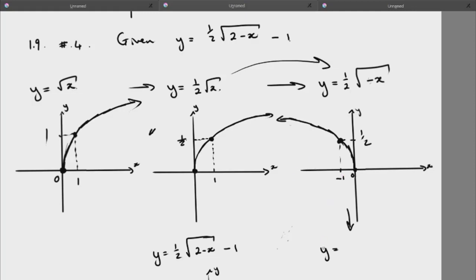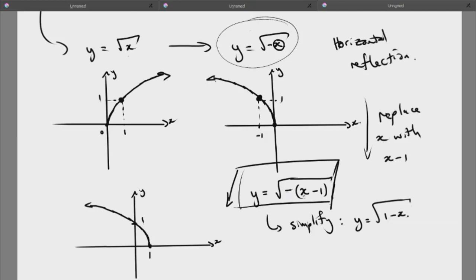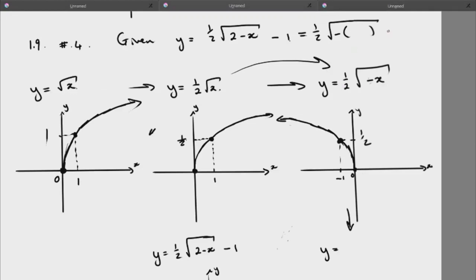Now, how do I shift this? I guess I can rewrite this inside the square root by taking out a minus and making it look like this one. Here I saw exactly it was replacing x with x minus 1. They're trying to hide it from me. So what is it going to be in this case? It's going to be x minus 2.